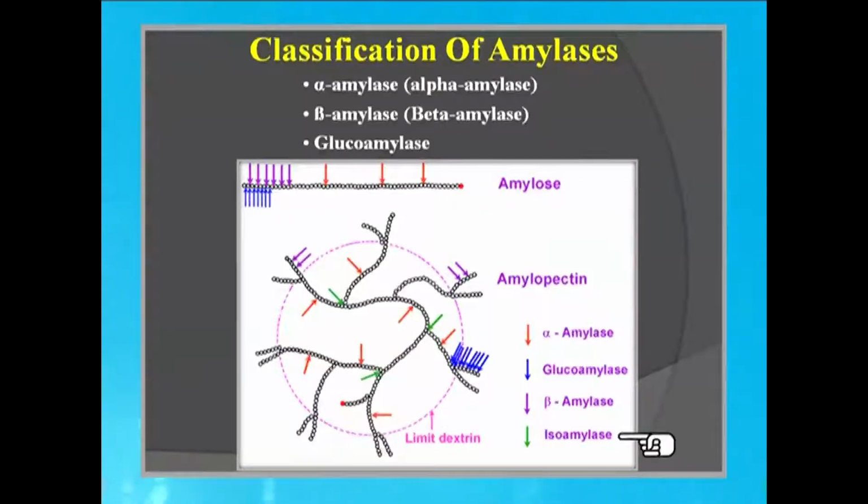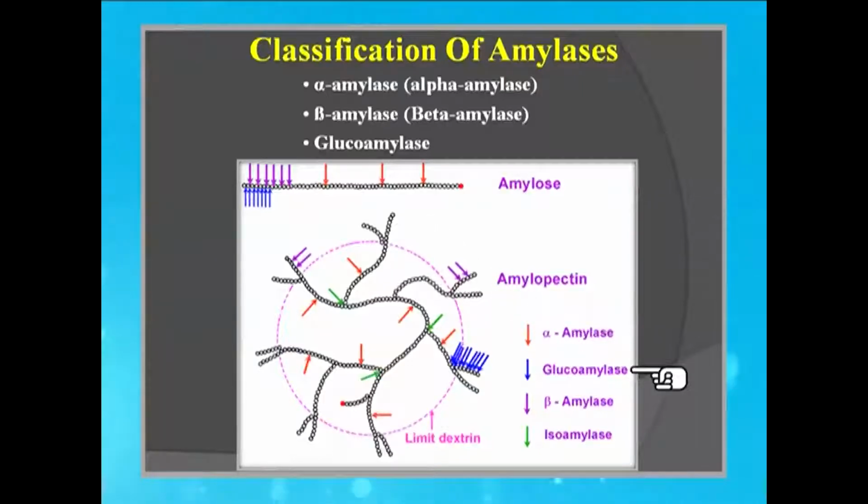Let us see how they work. This is the straight chain amylose and this is the branch chain amylopectin. Alpha amylase generally acts in the endo position, that is internal. So wherever there are the straight chain glucose units, the endo acting alpha amylase will work on it. This red arrow shows it. Here also in the branch chain, wherever there are single linear glucose units, they will be cleaving it.